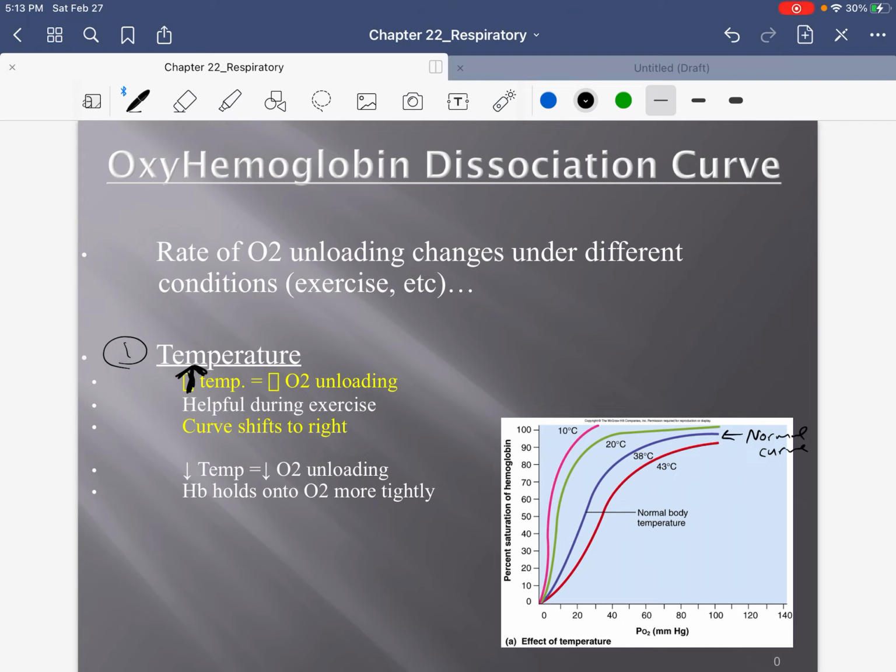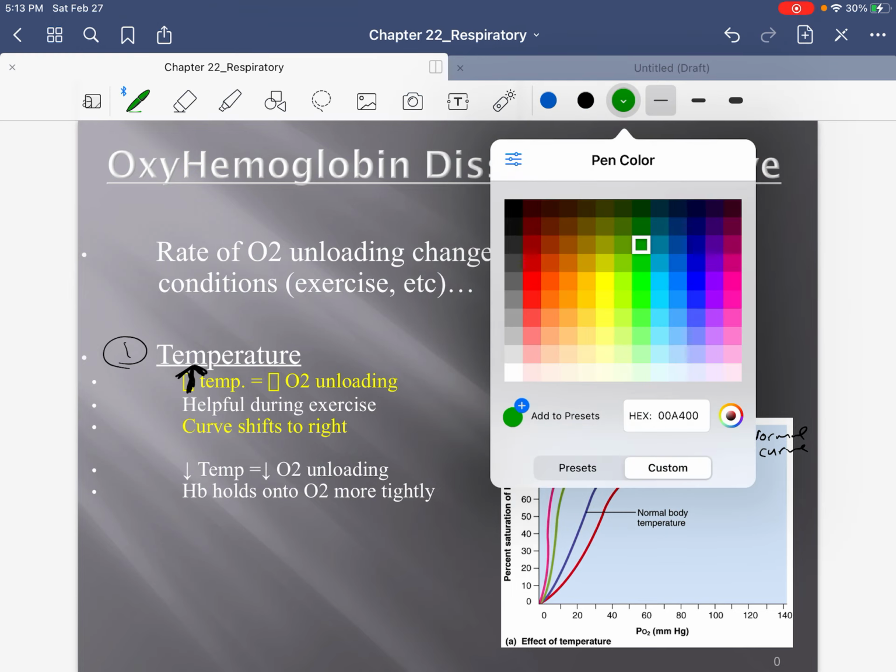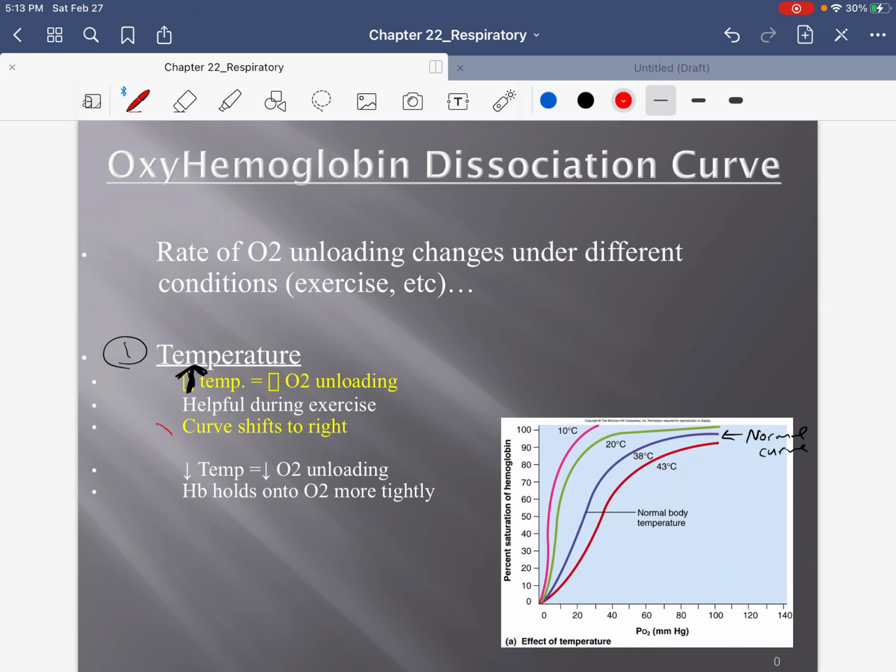When the temperature in our body goes up, the curve shifts to the right. At normal body temperature, 38 degrees Celsius, we have the normal blue curve. When our temperature rises, now it's 43 degrees, look at our red line. Now the curve shifts to the right.